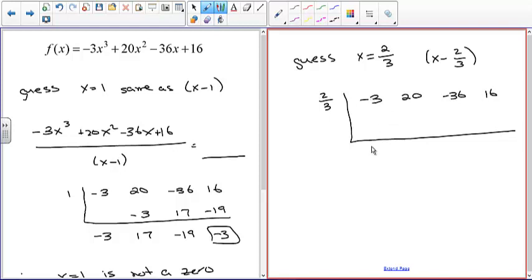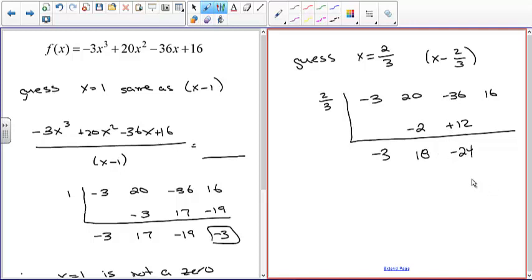Okay, so negative 3, bring that down. 2/3 times negative 3 would be negative 2. 20 plus negative 2 would be 18. 18 times 2/3, well, 2 times 18 is 36. 36 divided by 3 is 12. Negative 36 plus 12 is negative 24.